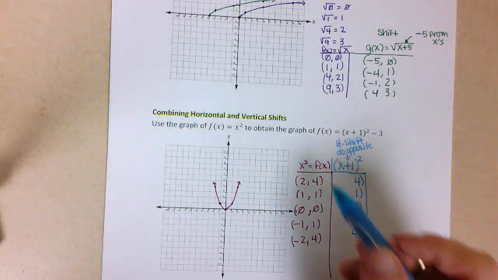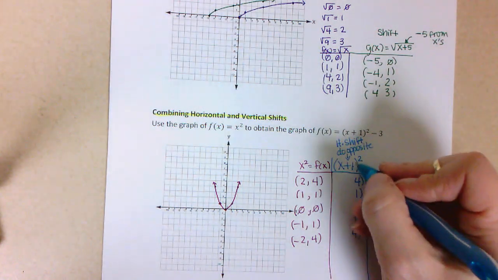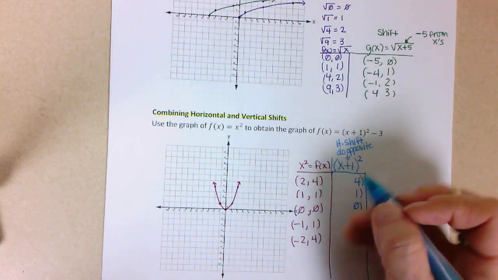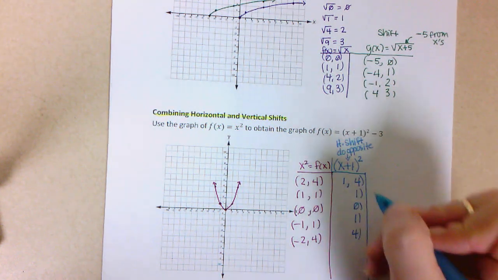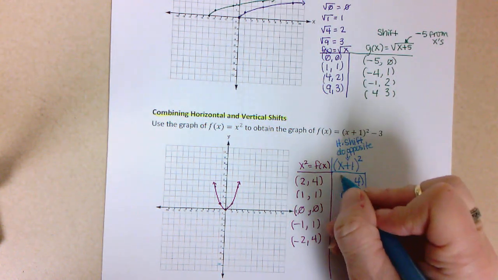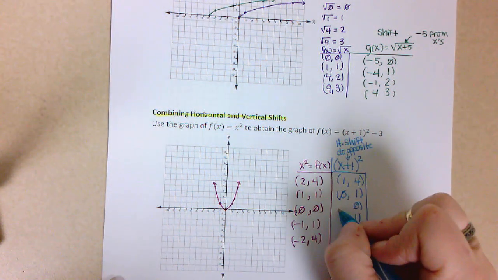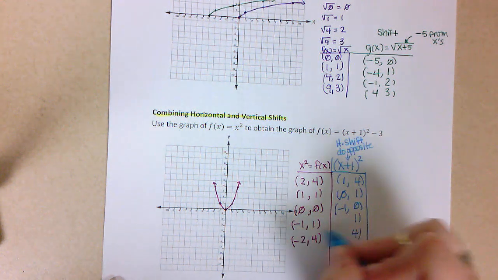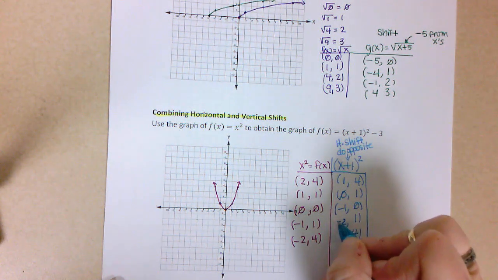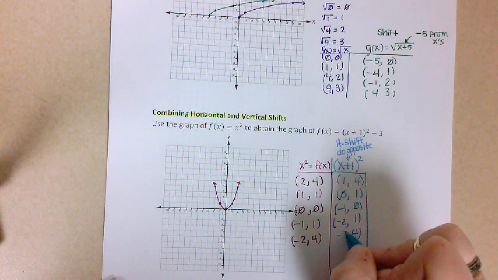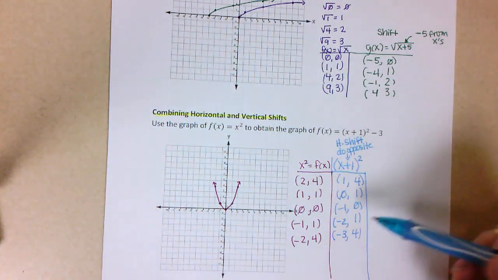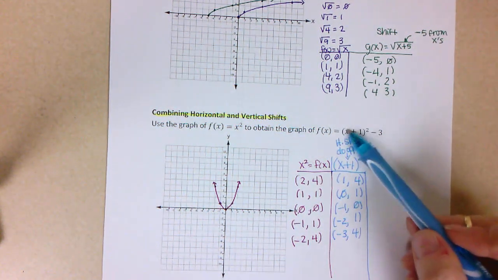Cool. So we're actually subtracting, right? We're doing the opposite. So 2 minus 1 is 1. 1 minus 1, 0. 0 minus 1, well, negative 1. This would be negative 2, and then negative 3. This is where we're going to graph this portion.